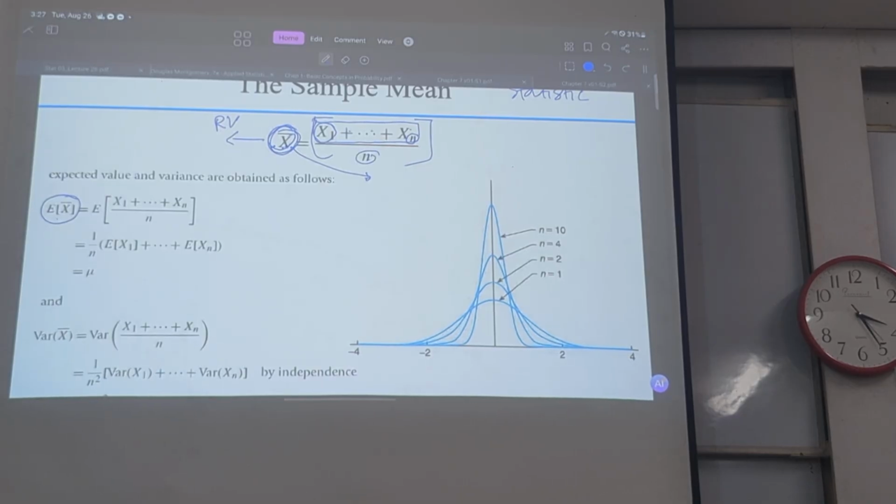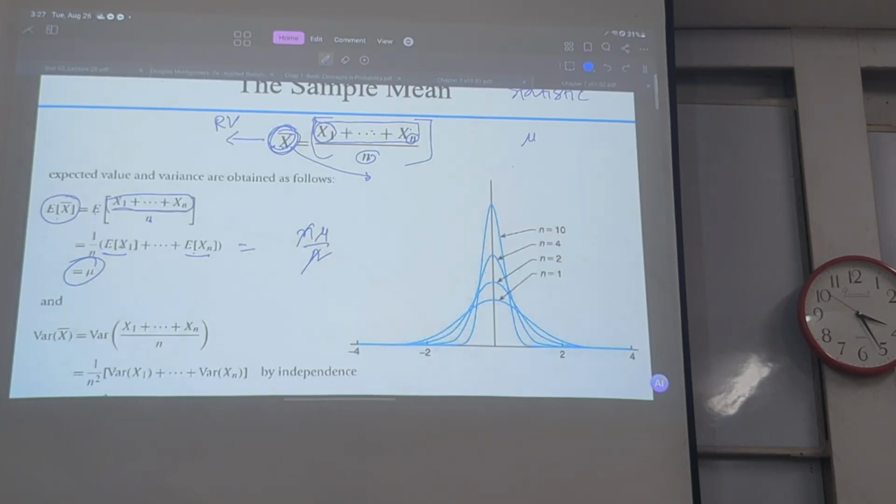Since n is constant, you can ignore n. So it is the expected value of the sum of random variables, and we know the expectation of a sum is the sum of individual expectations. Each of them is IID, so they have a mean value mu. You will have n mu divided by n, which is mu.